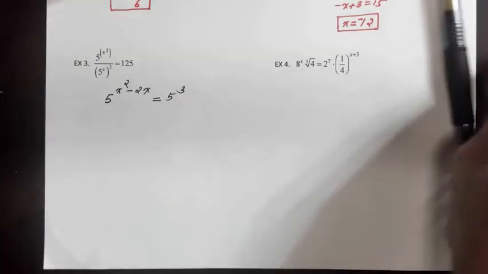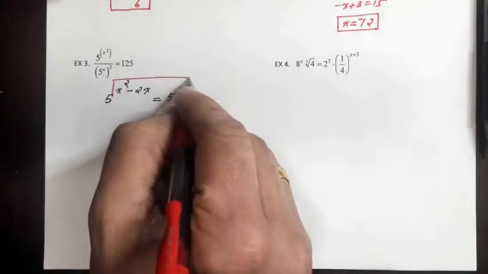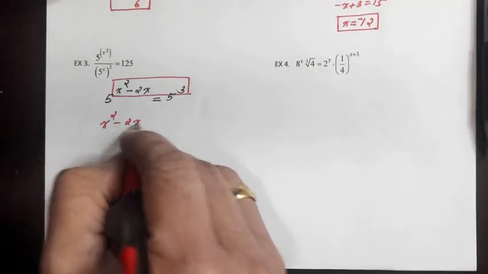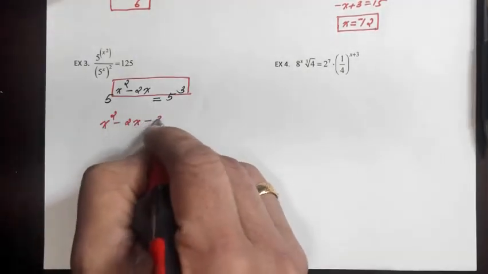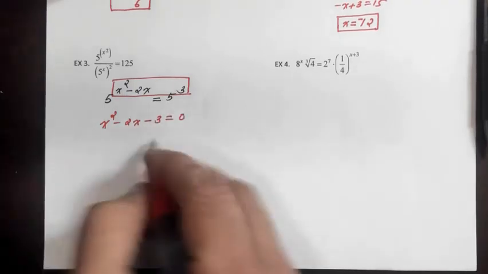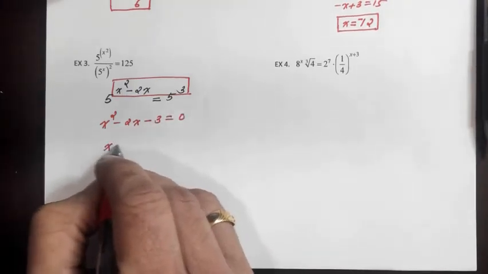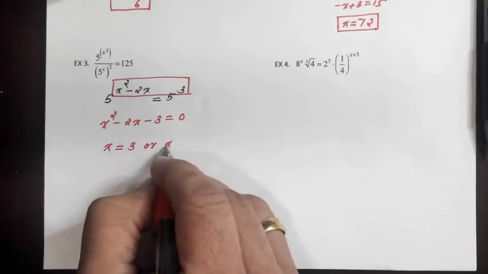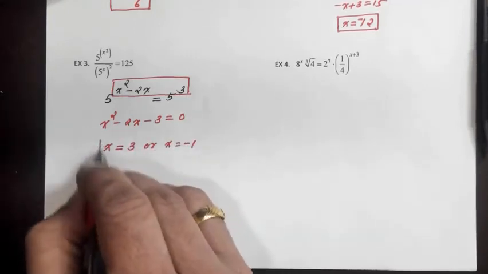So when you equate the exponents, because the bases are the same now, x squared minus 2x minus 3 is equal to 0. Just factorize, then you get x is equal to 3, or x is equal to -1.